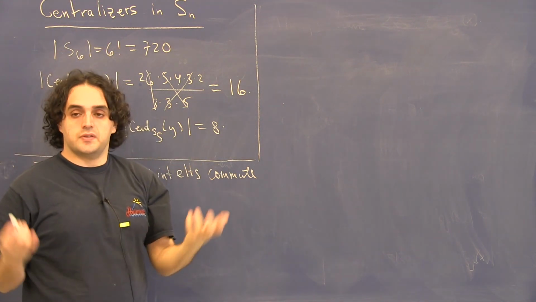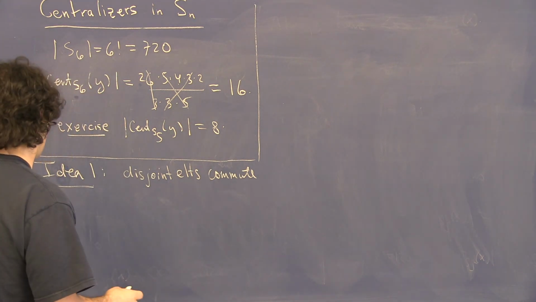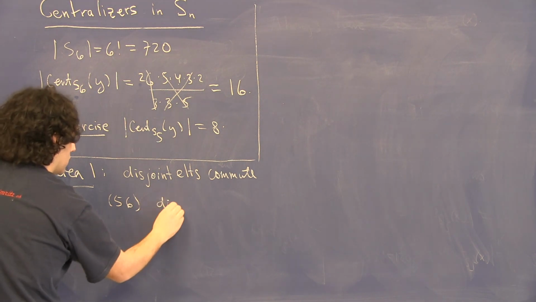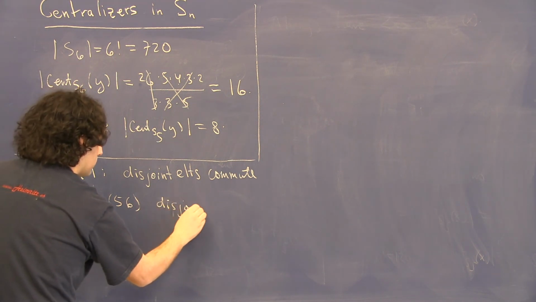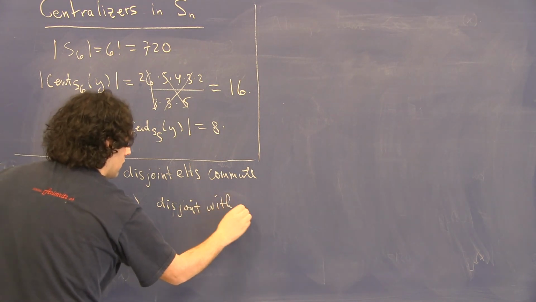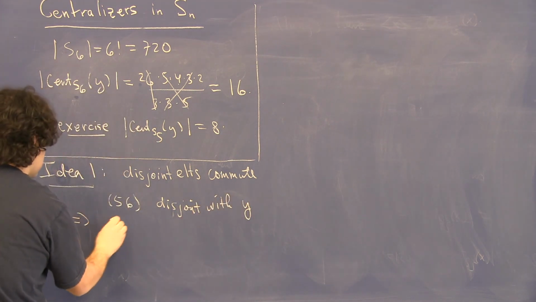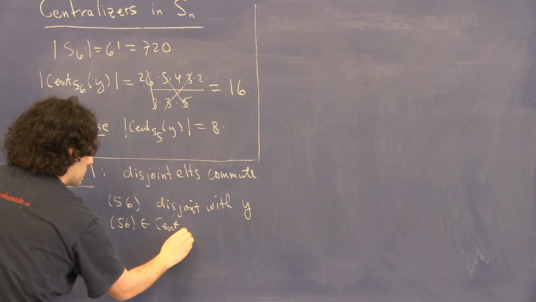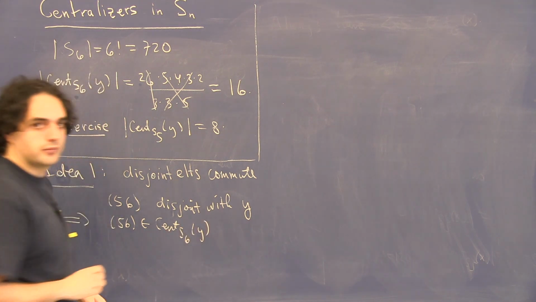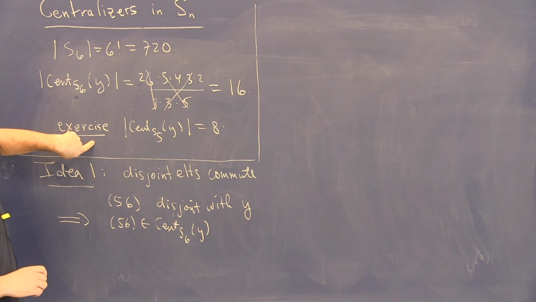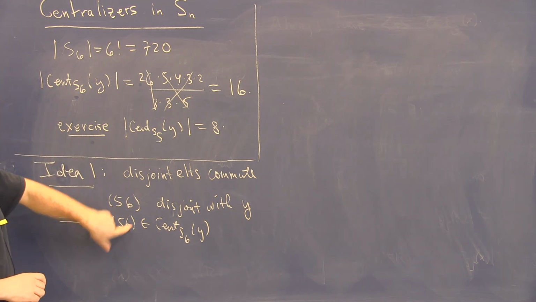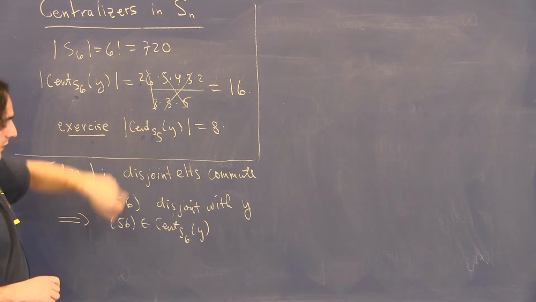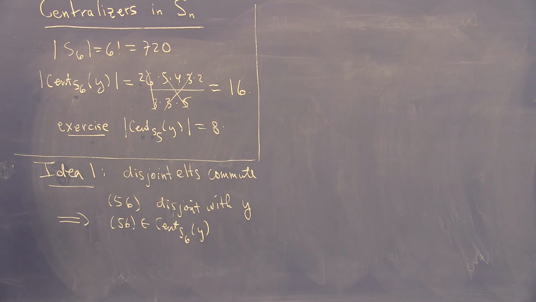There is a permutation that is disjoint from it, namely the transposition (5 6). So (5 6) is disjoint from y, which implies (5 6) is in the centralizer in S6 of y. On the other hand, about the remark I made over here, this element (5 6) is not in S5, so it's not in the centralizer of y in S5. There you see the difference between S5 and S6.